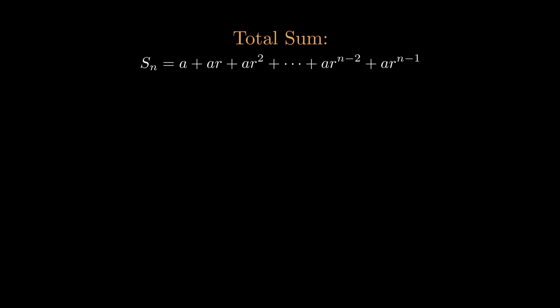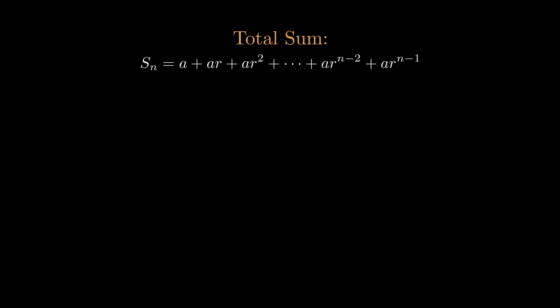To help the king understand the magnitude of his debt, we must move from specific numbers to a universal mathematical language. Let us define the total sum as S sub n. In our story, A represents the very first grain of rice on the first square. The letter R represents our common ratio, the doubling effect.